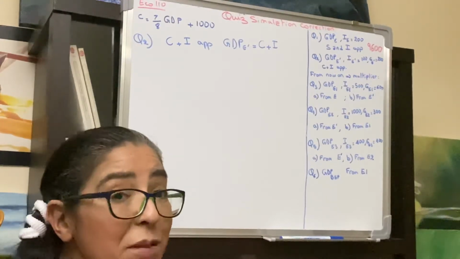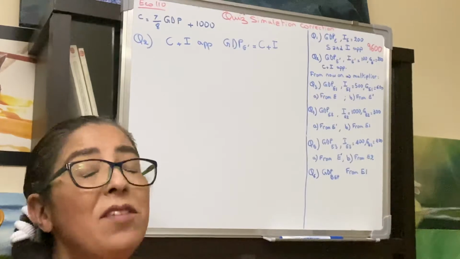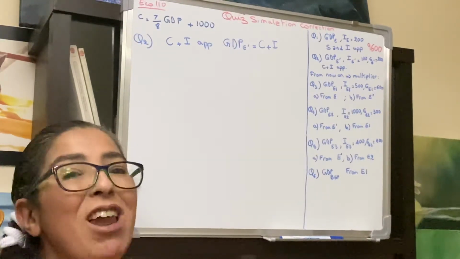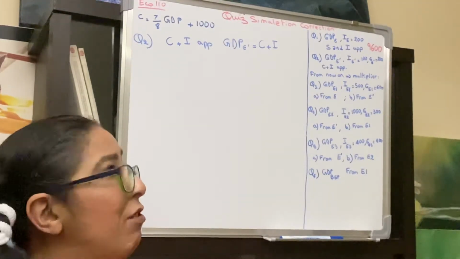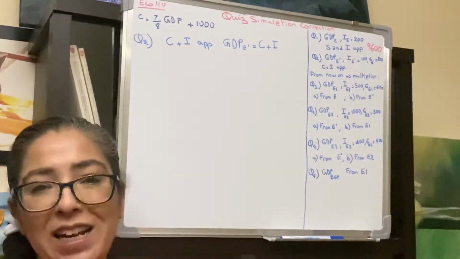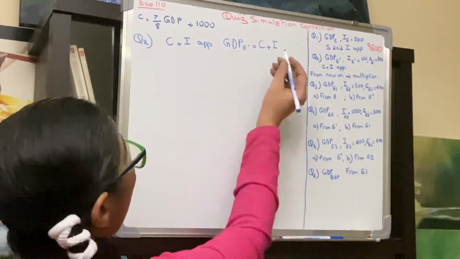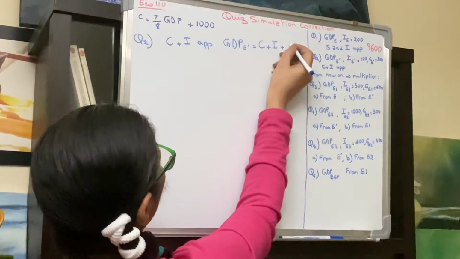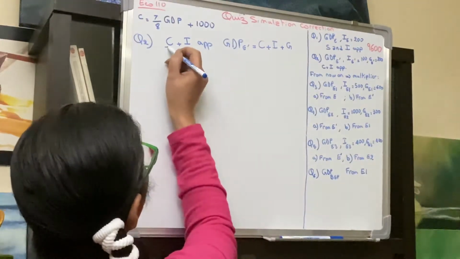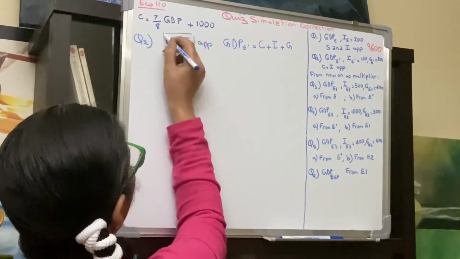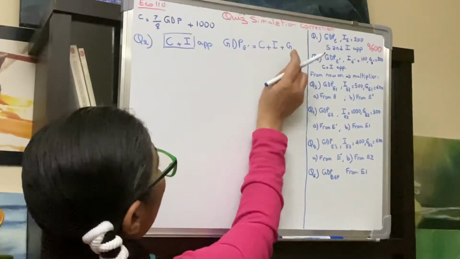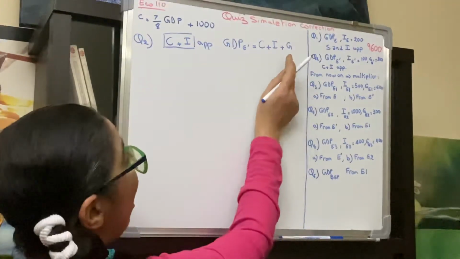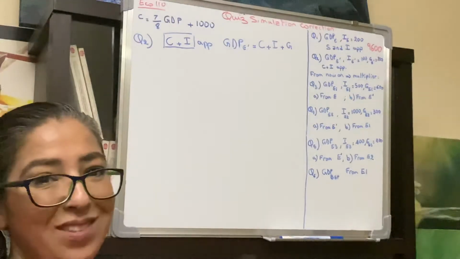Remember, GDP is equal to C plus I plus G plus X. We have a closed economy, so we don't have any net exports, so I have to add G, and that's where I tricked you. The name of the approach is C plus I approach. It doesn't mean that we stop at I. We have to add the government, okay?